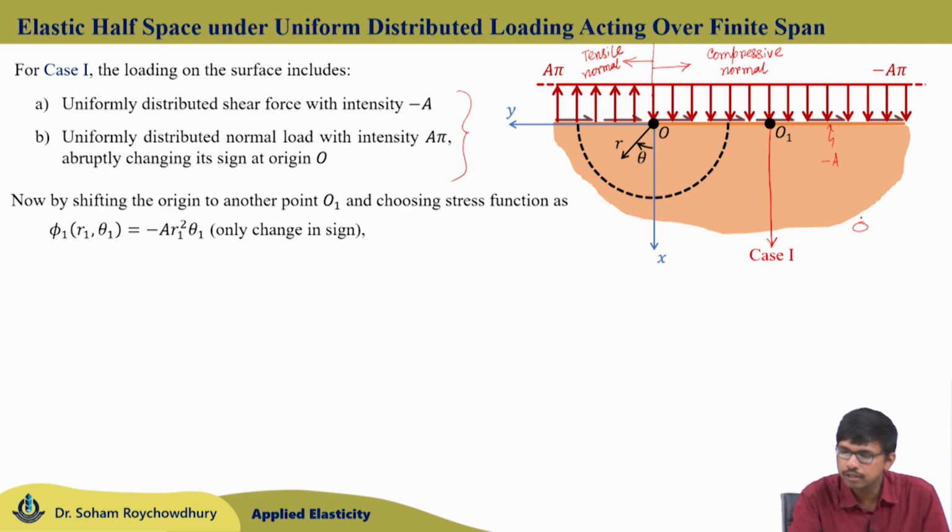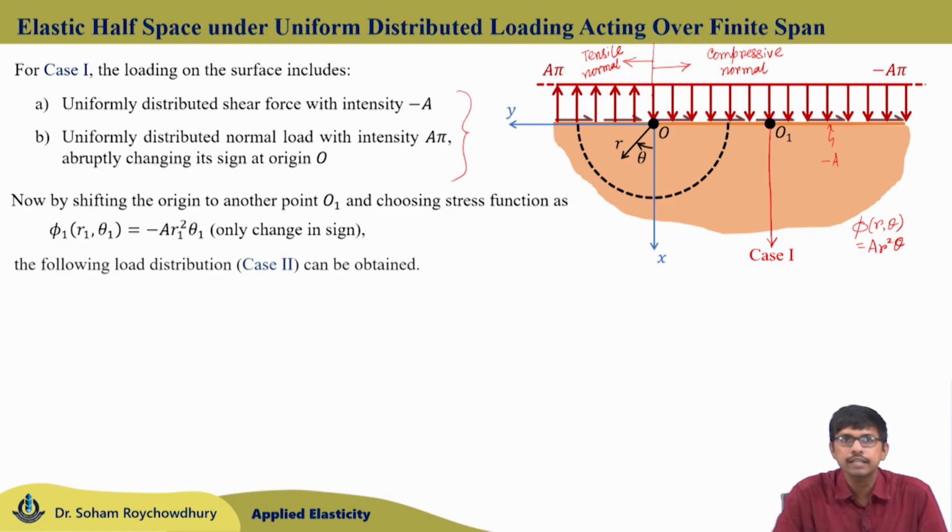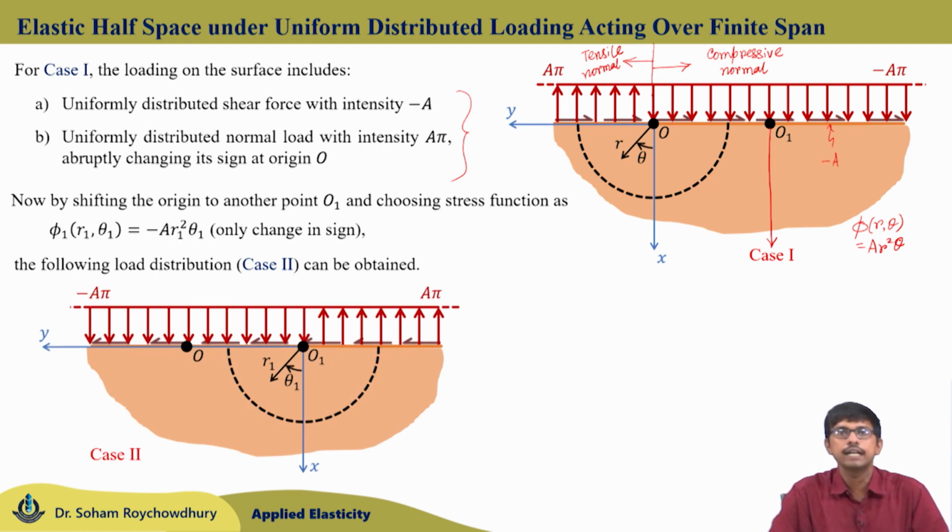The previous stress function for case 1, phi of r comma theta, was A times r square theta. The new stress function centered at O1 is minus A r1 square theta 1, only the sign is changed, and with that the second case of the solution can be obtained like this.